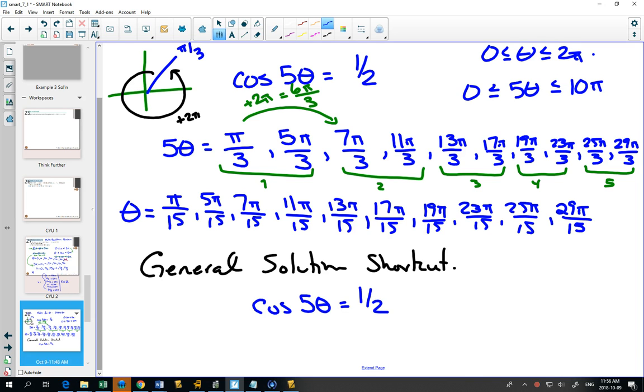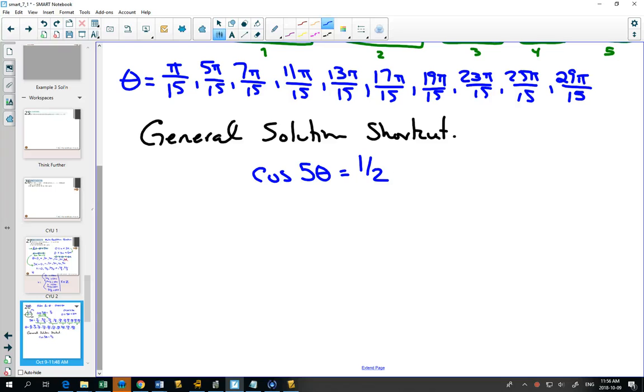If you decided to do the general solution first and the multi-revolution second, it would look different. The first question we did multi-revolution first, and then general solution second, which would be add 2k pi to all of those. But if you did general solution first, and then dealt with the multi-revolution, it would look like this.